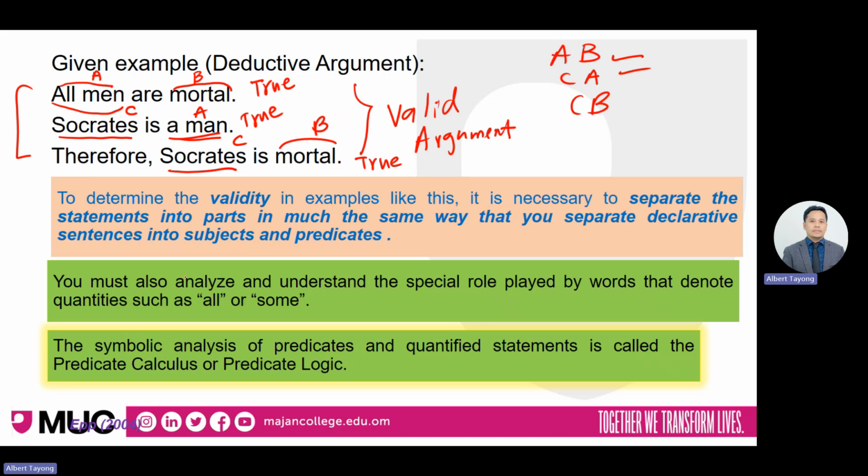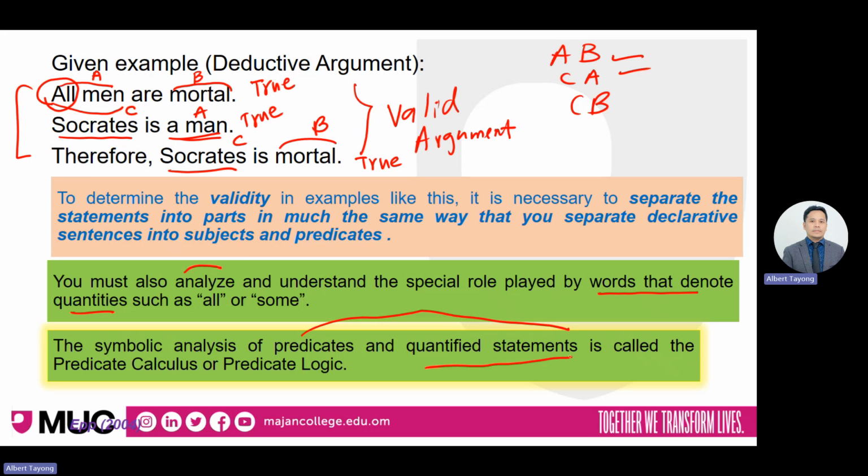You must also analyze and understand the special role played by words that denote quantities, such as all or some. In this argument, the quantifier that we use is all. We will be looking at how we are going to use all and some, or there exists, in our subsequent discussions.